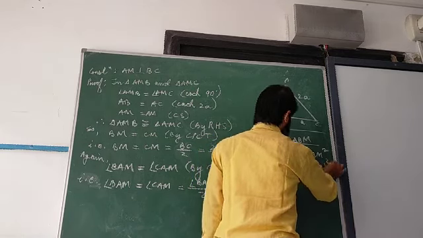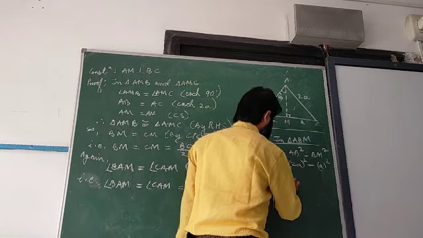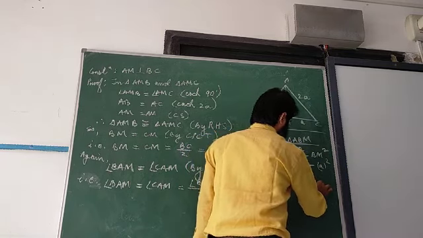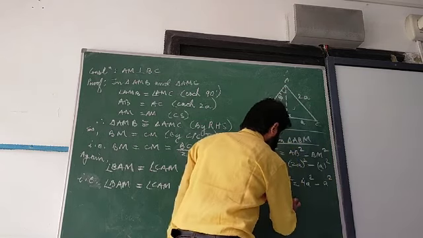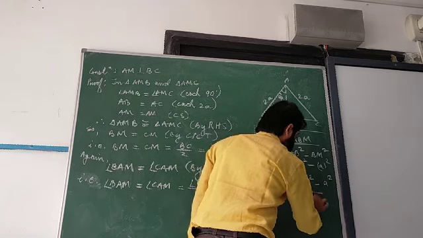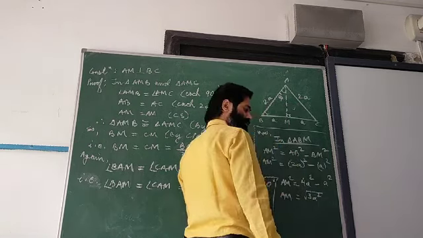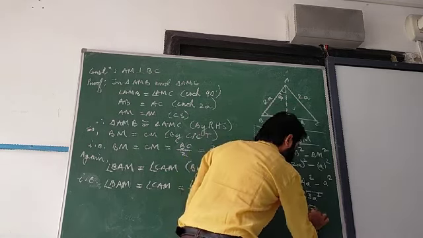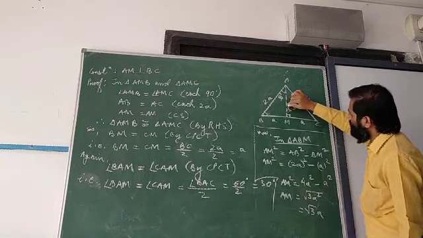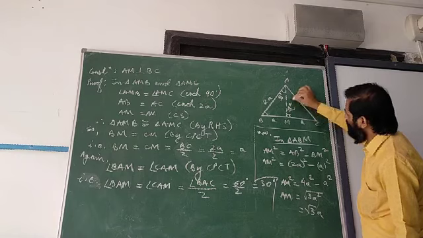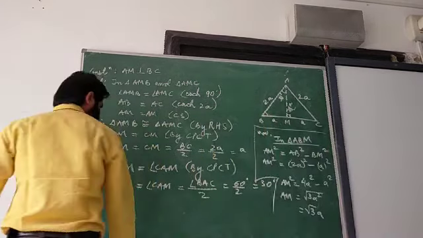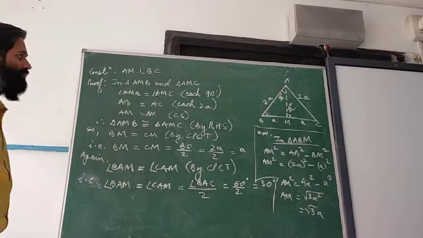A. Now AM square equals to 4A square minus A square. Now AM equals to root over 3A square. Now this can be written as root 3A. That means this value is root 3A. Any confusion?